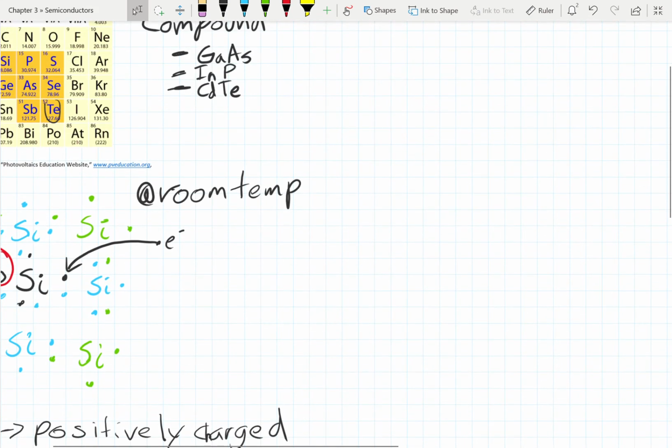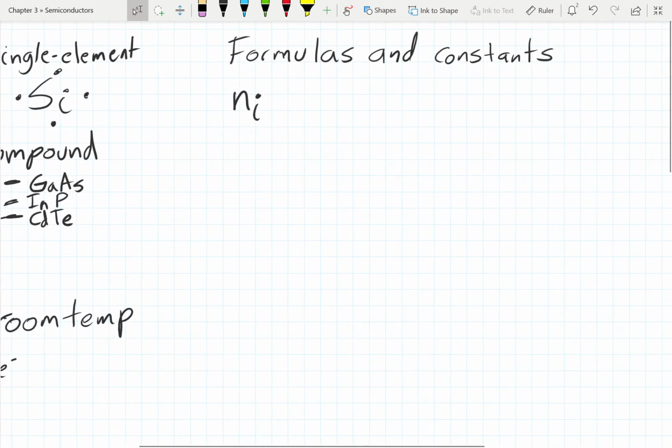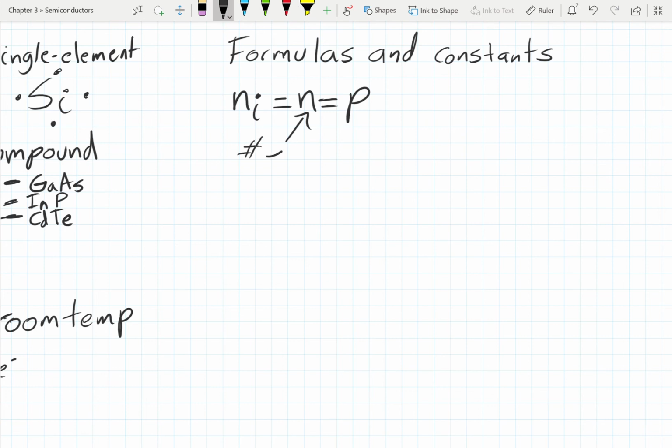As we learned, at room temperature, for each electron that you have, you are leaving behind one hole. So this Ni is equal to the number of electrons, which is equal to the number of holes. This little n right here is the number of electrons. This P right here is the concentration of holes, which is basically the number of holes that you have.